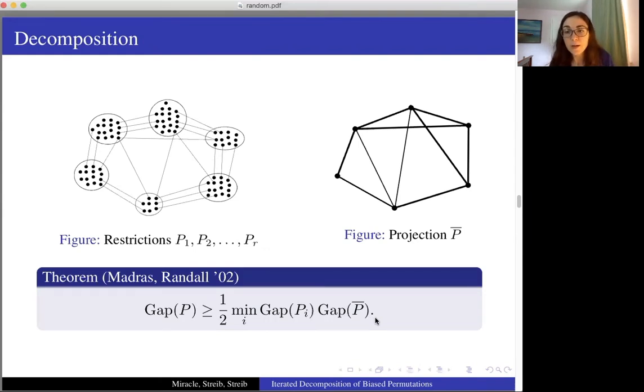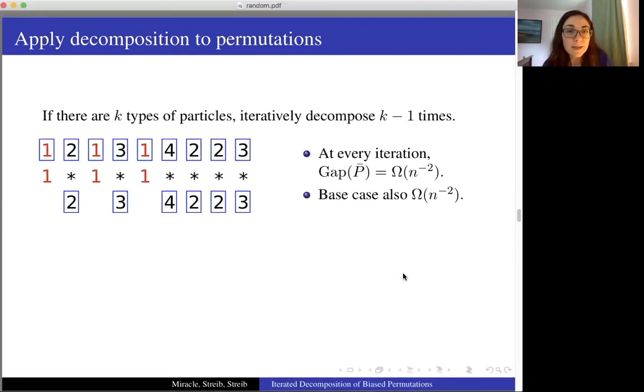For example, if you have a direct product, then you would expect to get the minimum of the minimum gap with the projection gap instead of the product. But in the absence of something else, we're going to use this decomposition theorem and see what happens when we apply it to the permutations problem.